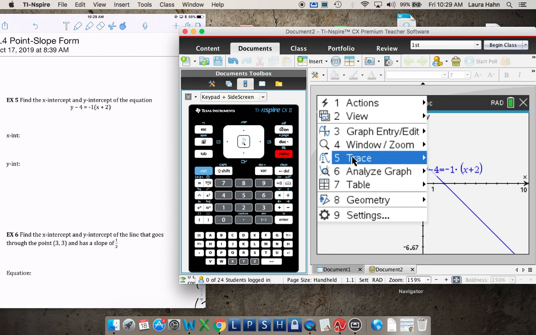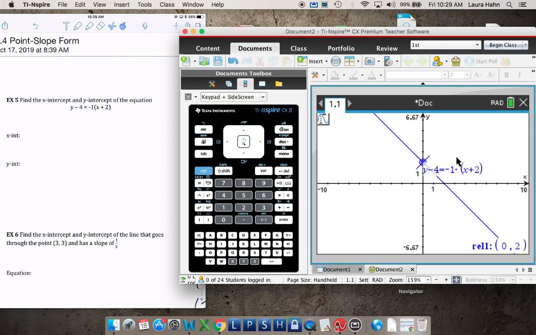Menu, trace, graph trace, menu 5-1. Remember, when you use trace, it usually starts on top of the y-axis, so this is my y-intercept right here. So I can go ahead and write that down. But I'm trying to find my x-intercept, which is on top of the x-axis, which would be here.